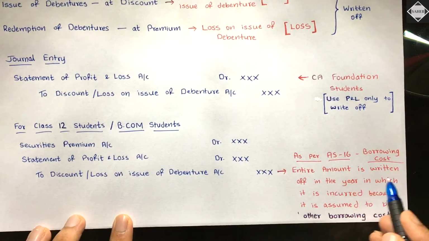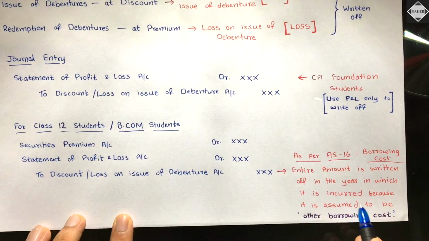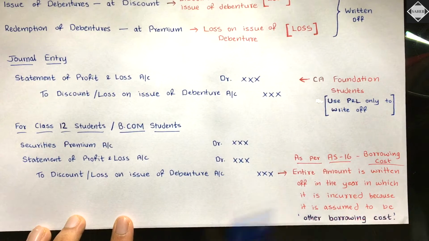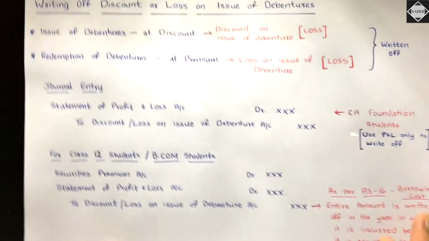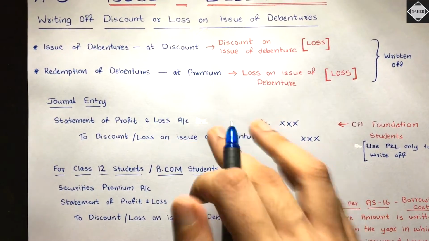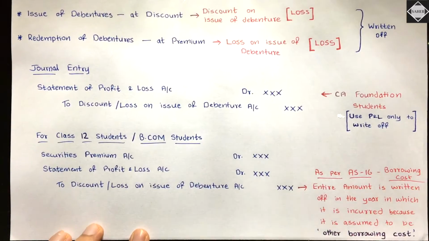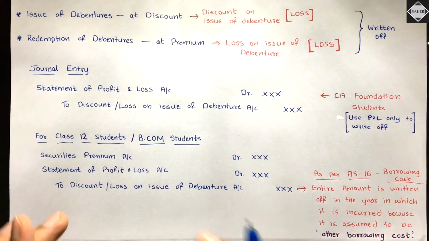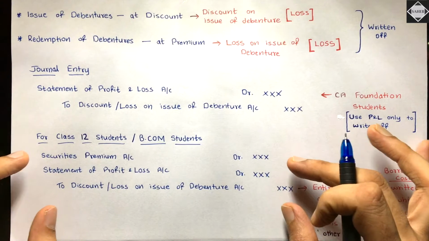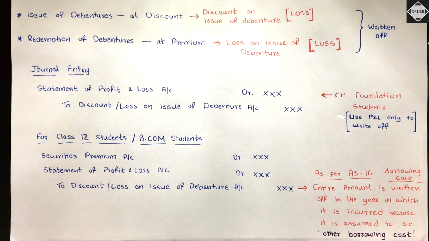Here the entire amount is written off in the year in which it is incurred, because it is assumed to be other borrowing cost, not borrowing cost, other borrowing cost. But here we are assuming it is borrowing cost. Is that clear? That's the difference. Fine. So for class 12 and BCom students, it becomes very simple. You just pass this entry, your solution is done. Is that clear? Okay, fine.